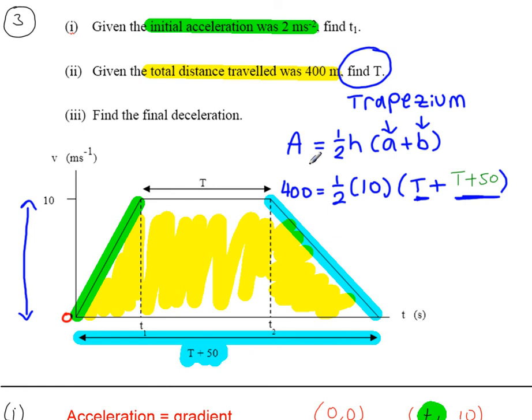And we know the area is 400, so we can solve this to get t is equal to 15 seconds. It's just an alternative way of solving the problem instead of thinking of it as a triangle, a rectangle, and another triangle.